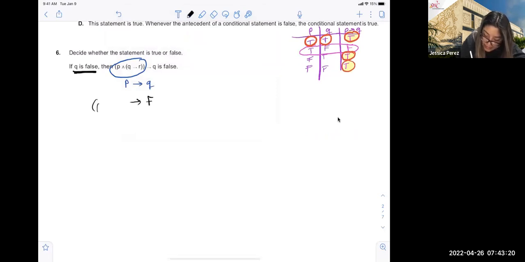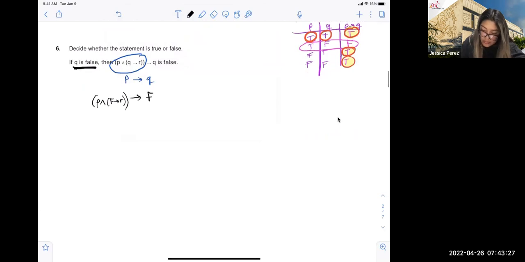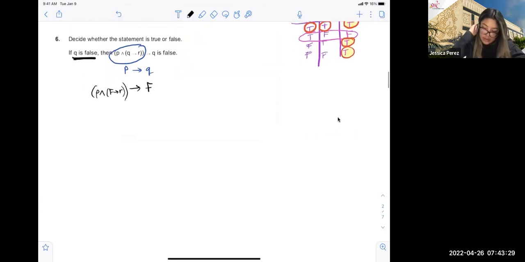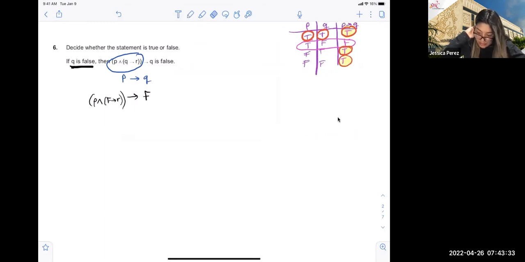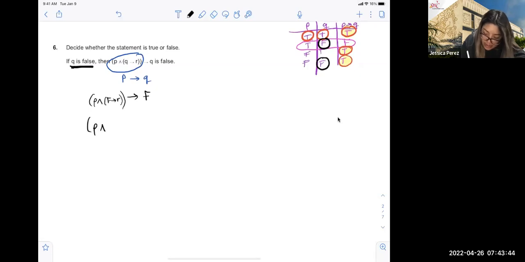And then we know P and a false statement implies R. So if our consequence is false, we only have these two options, this one and this one. We know that P and a false implication implies an R, implies an F.